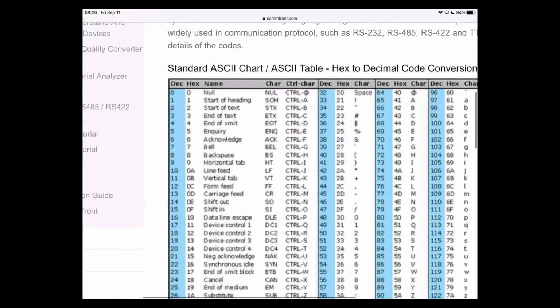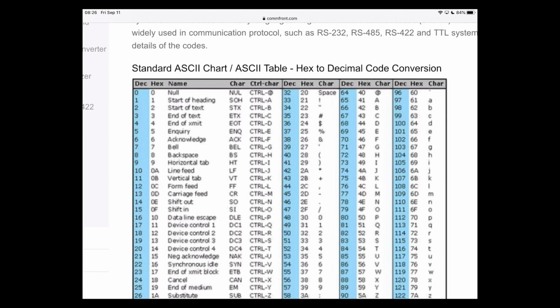Here's an ASCII table, and I've got a nicer looking one that I'll put on Canvas as a reference. The original ASCII standard was a 7-bit standard. It very quickly got extended to be an 8-bit standard. How many things can you encode with 8 bits? 256. And 7 bits would therefore be 128.